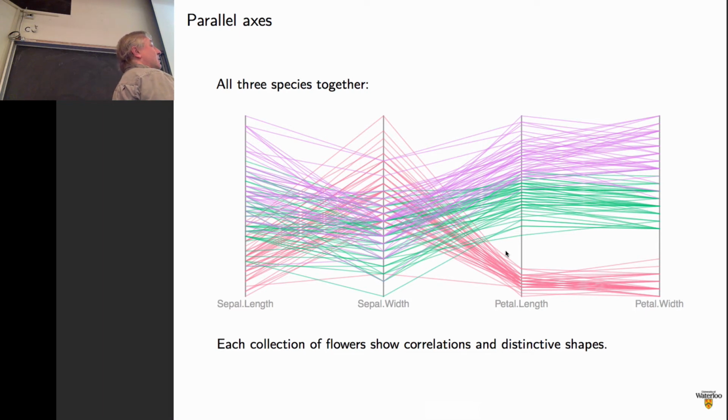Parallel, you mean? They're all straight, all lines are straight. So you mean, are they parallel? Parallel, that's going to be a positive correlation. Yeah, so you think about where does it start and where does it end? The highest of the pink here seem to be on the highest of the pink there.